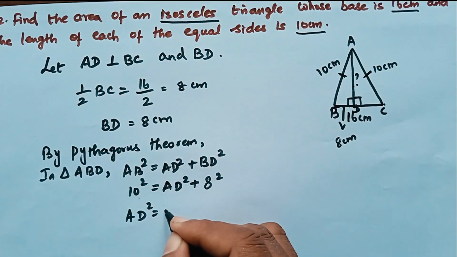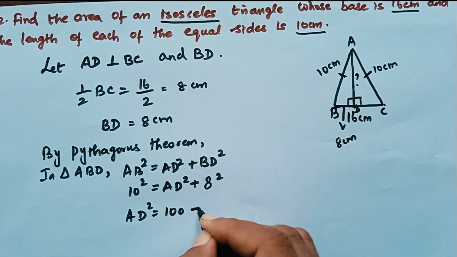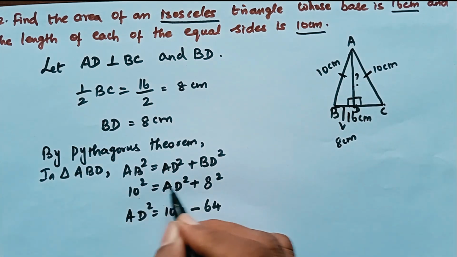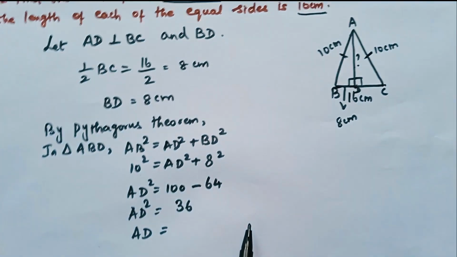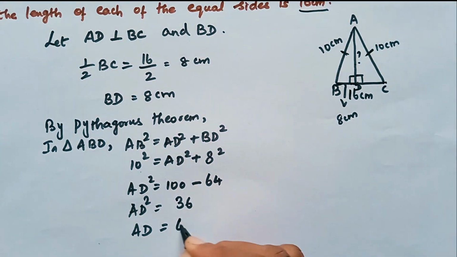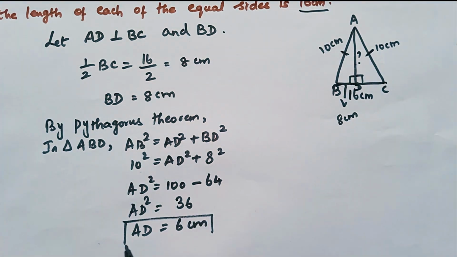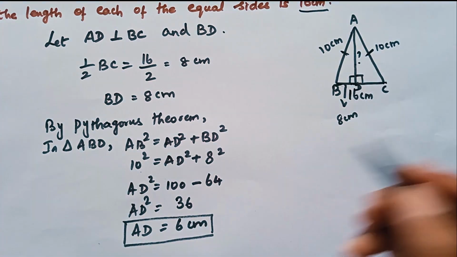AD square is equal to 10 square, which is 100, minus 64. I am taking the numbers to the other side. So 100 minus 64 is 36. AD square is 36, so AD is equal to root of 36, which is 6 centimeter. Now we found out AD as 6 centimeter.